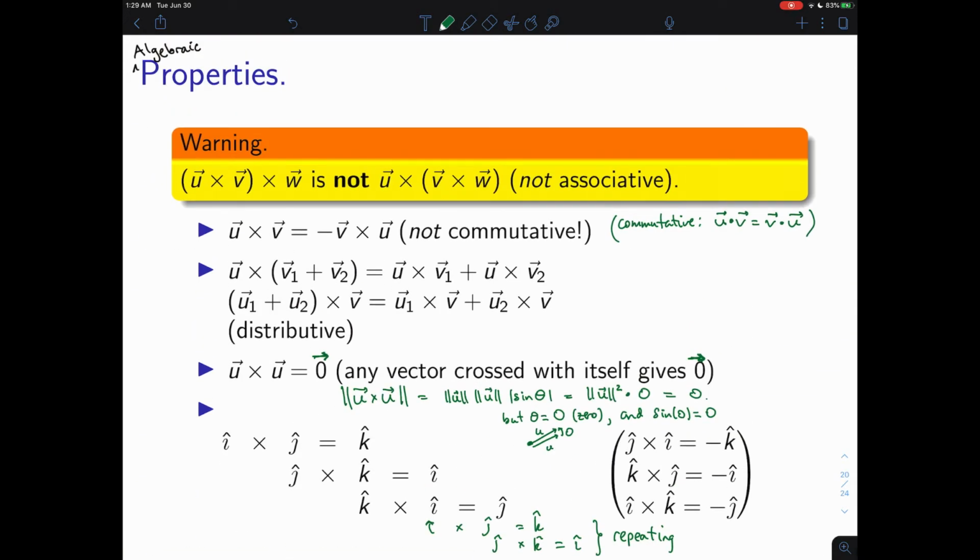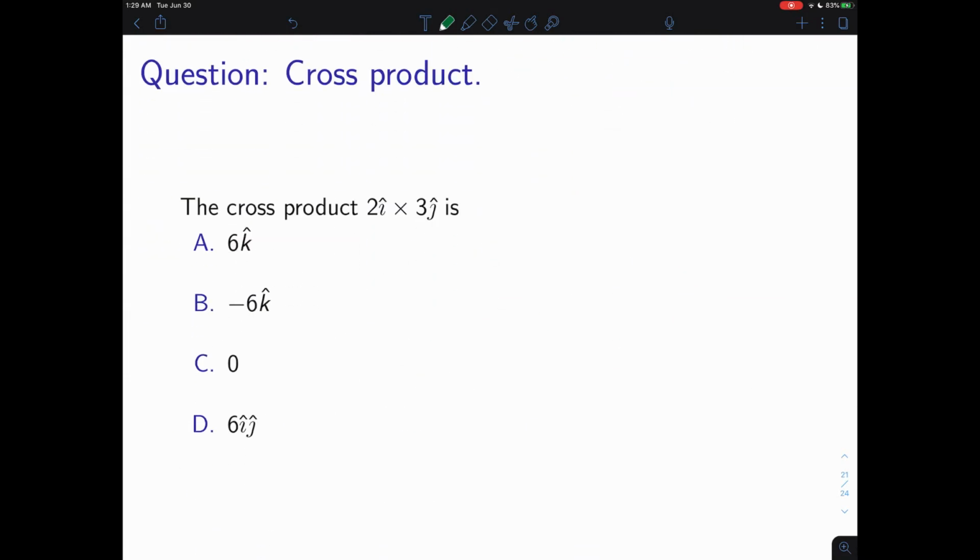Because one of the properties of cross products that apparently I forgot to mention, I'm sorry, is that you can pull the scalar out in front. And then we could pull the other scalar in front.